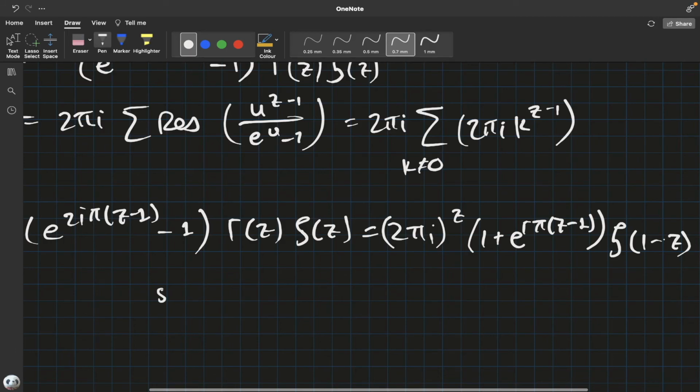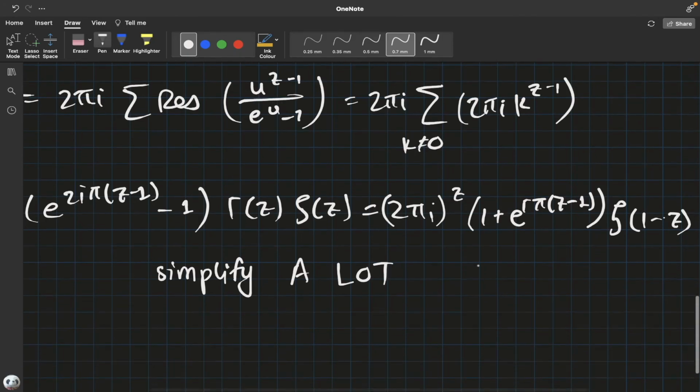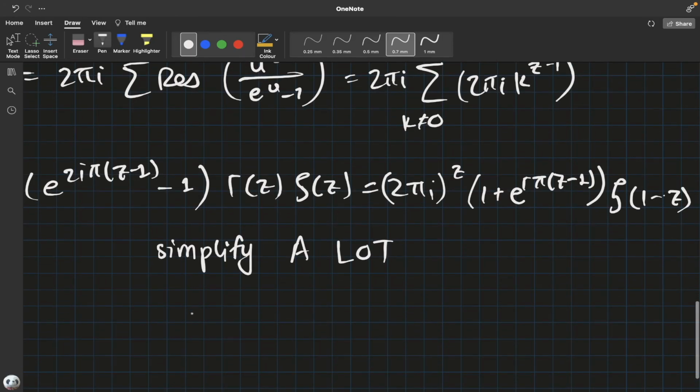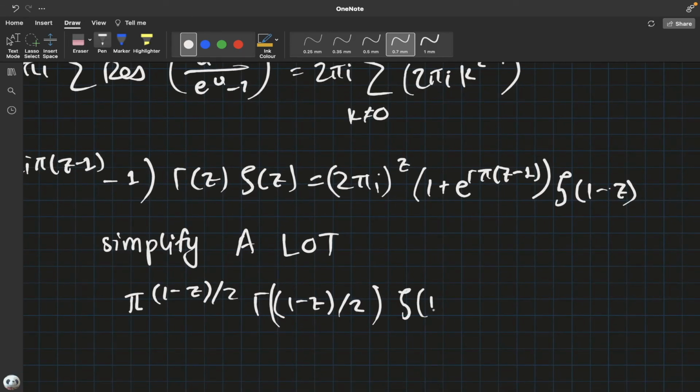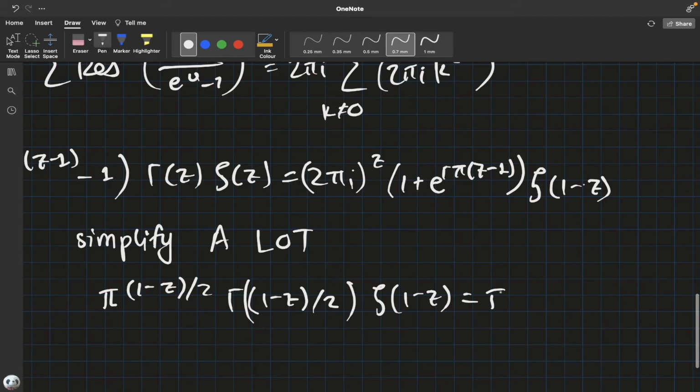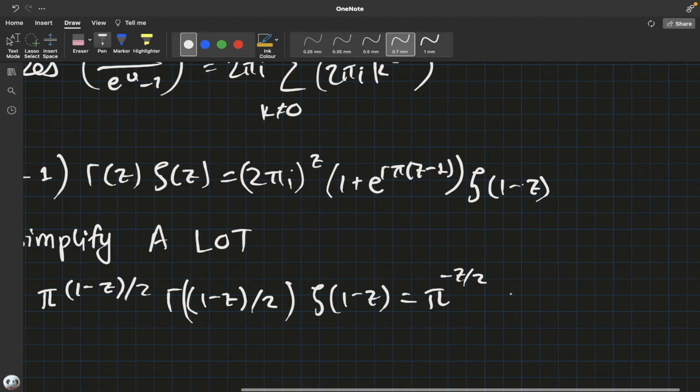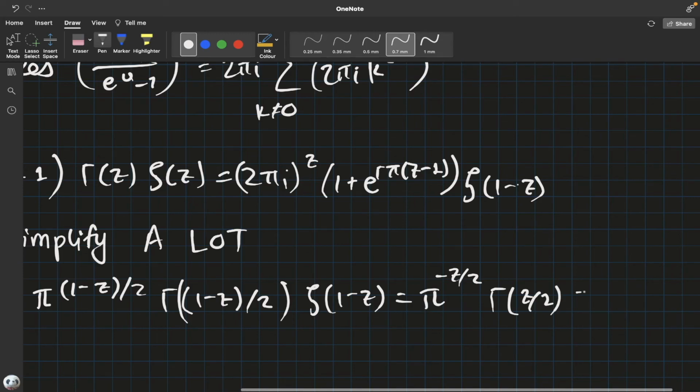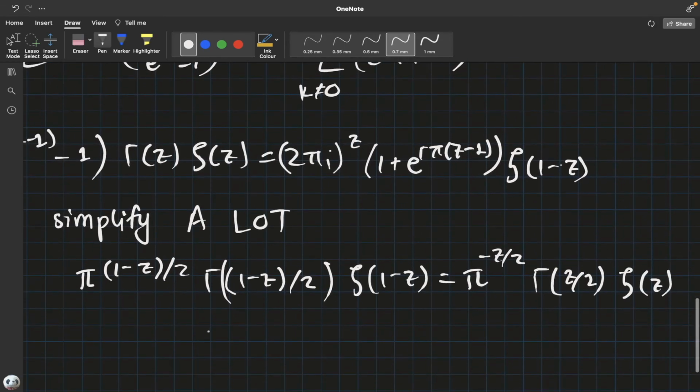And if you simplify a lot, using the duplication formula for the gamma function and stuff like that, you end up with pi raised to (1 minus z) over 2, gamma of (1 minus z) over 2, Riemann zeta of 1 minus z, equals pi raised to minus z over 2, gamma of z over 2, zeta of z, which you might remember from my Riemann zeta video series as the functional equation for the Riemann zeta.